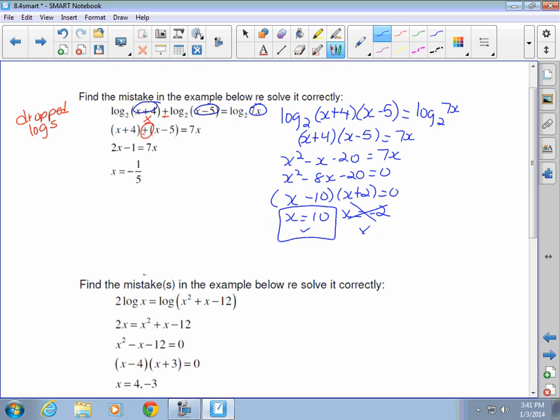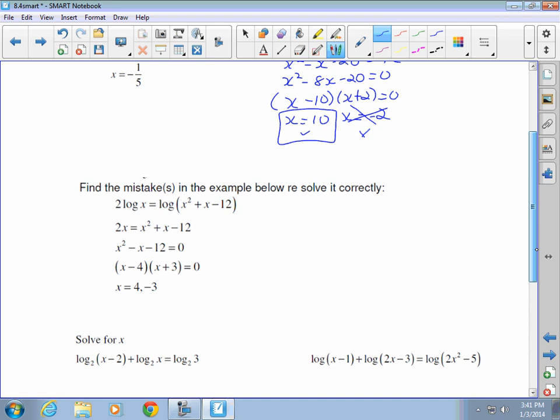Okay, next one. Find the mistakes in the example below and then solve it correctly. So 2 times log x is equal to log of x squared plus x minus 12. So they went to 2x equals x squared plus x minus 12. The mistake that they made is they dropped their logs right away, but remember, when there's a value in front of the log, it becomes an exponent.